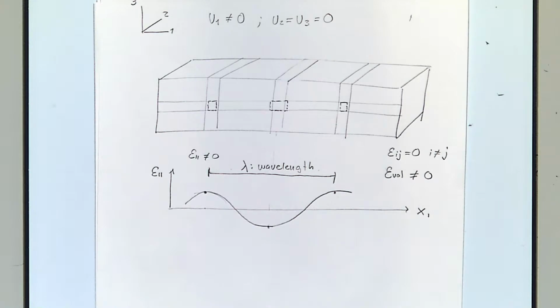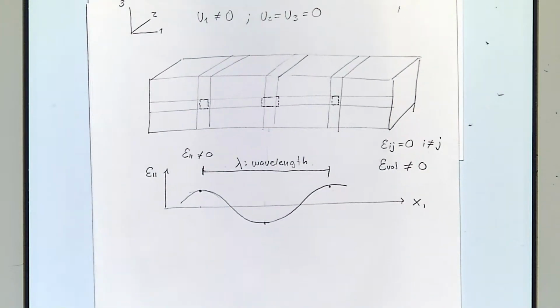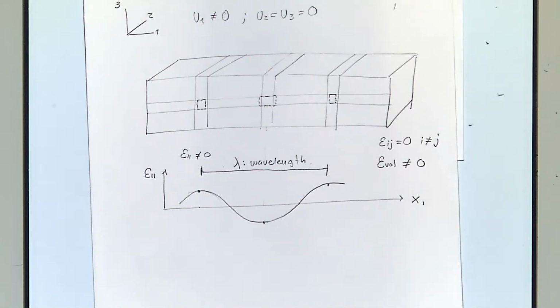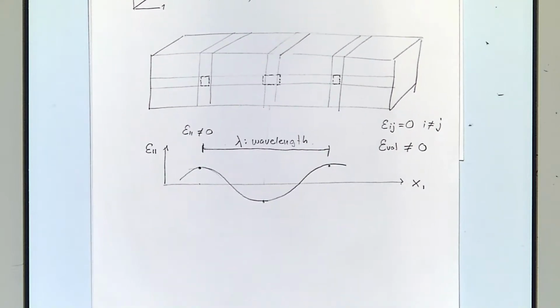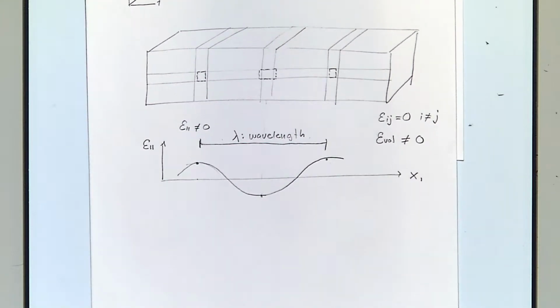This is very important, particularly for porous media, because as we know, porous media have fluids inside, and whether the fluid can squirt out of the porous medium when the wave passes is very important to characterize the wave propagation in these kind of materials. We're not going to talk about porous media right now, but remember that volumetric strain in that case is very important. It's not the same if the medium is saturated with the fluid or if it is not.